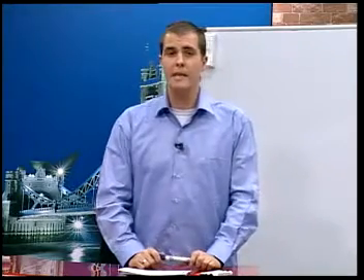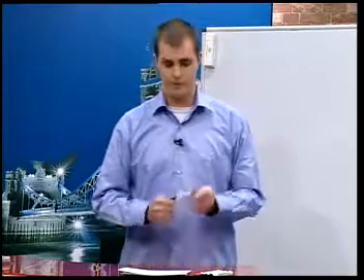Well, ought to has the same meaning as should. It means that something is a good idea to do. We don't usually use ought to in the negative or in a question form, and like all the other modals, ought to is followed by a simple form of the verb.